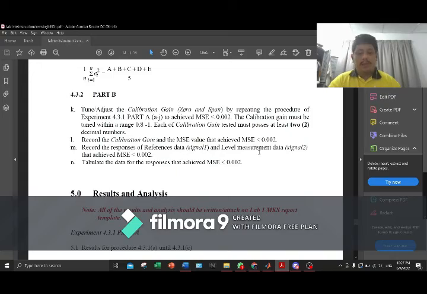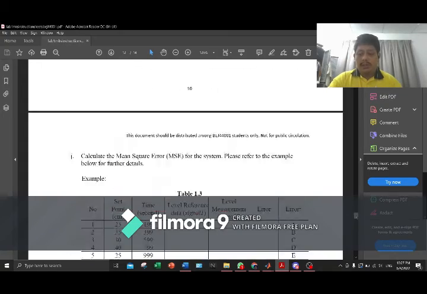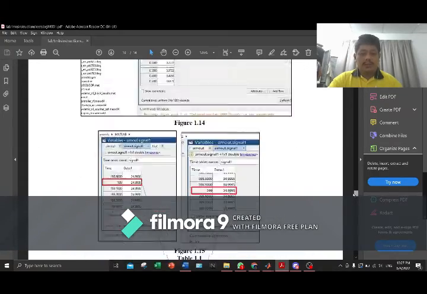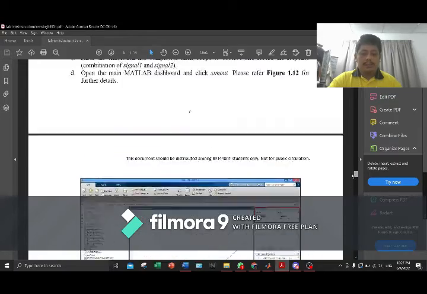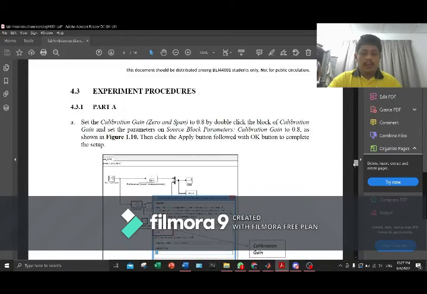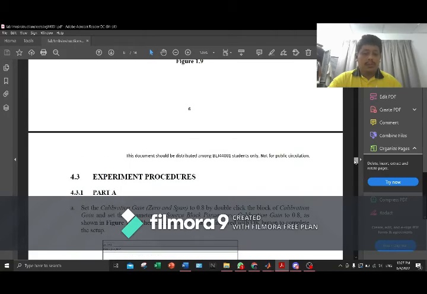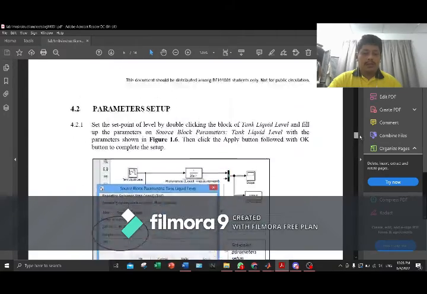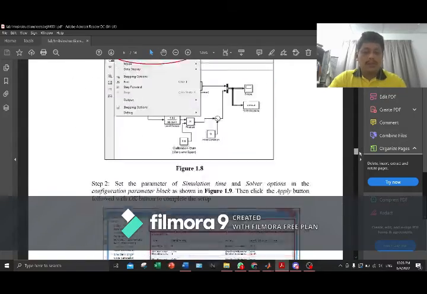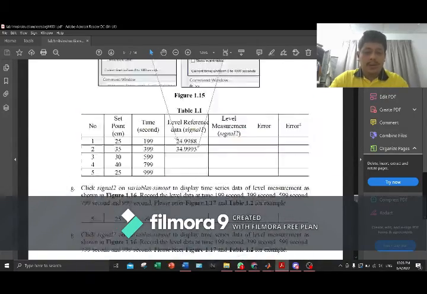For part B, the circuit is exactly the same as the given circuit, which consists of two parts, part A and part B. For part B we only have to change the gain.